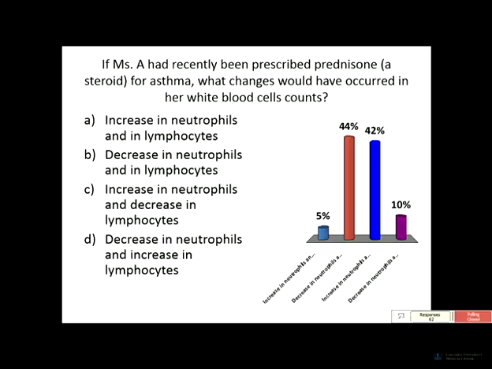Huh. Okay. So everyone agrees that prednisone, that steroids make neutrophils go up. And that's correct. Oh, I'm sorry. I'm reading this incorrectly. So everyone agrees that the lymphocytes go down.